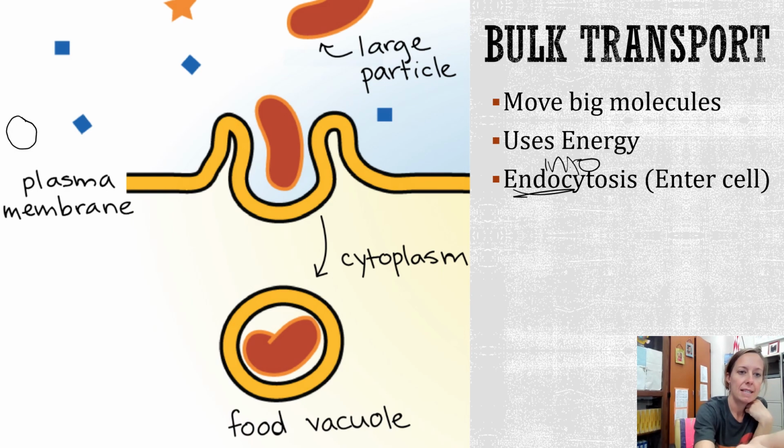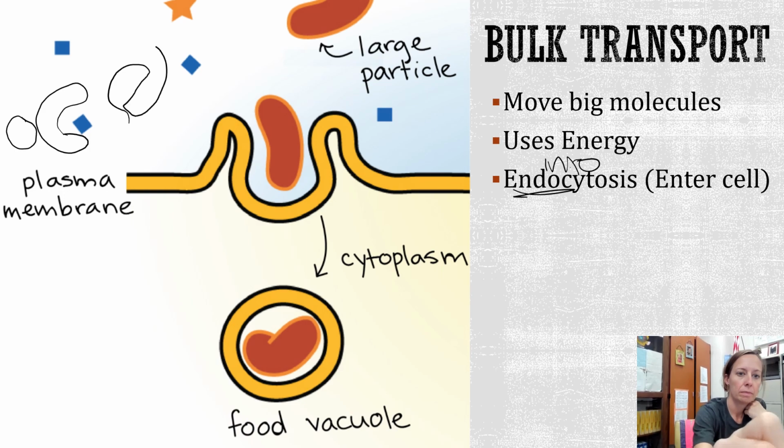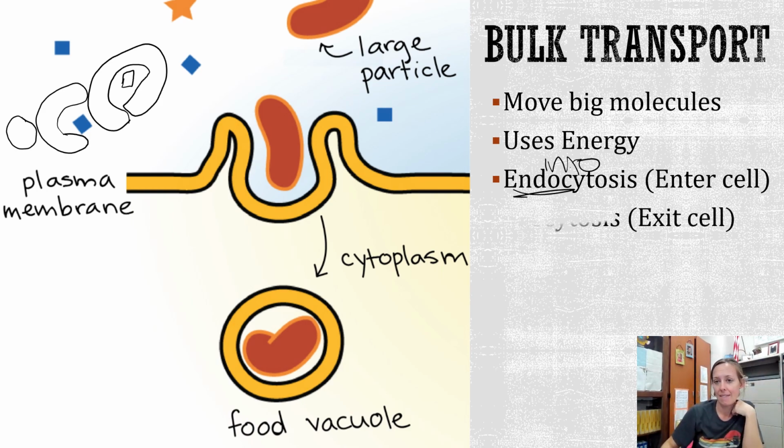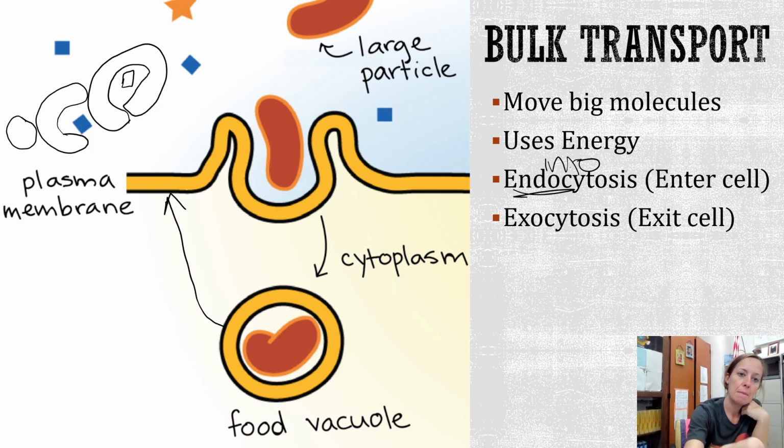Your cell sees the little thing, it wraps around it like this, and then it ends up engulfing it like that. So it eats it. It goes into your cell in a vesicle. And then exo is opposite, like throws it up. So it'd be like this, goes up, merges with the membrane, and then it spits it out. Okay? So endo, eat; exo, exit.